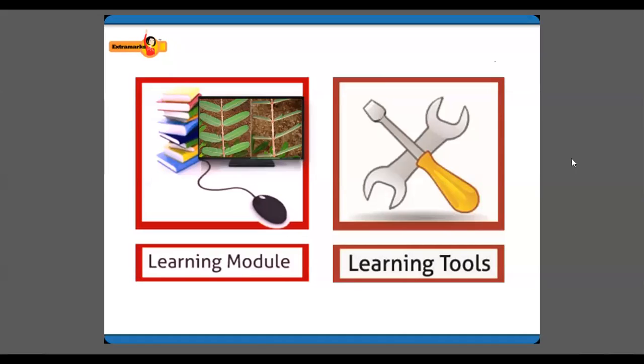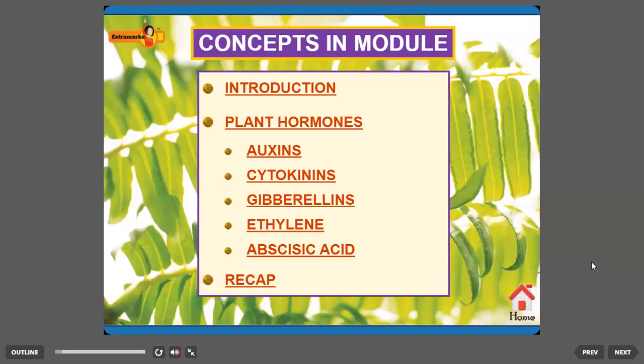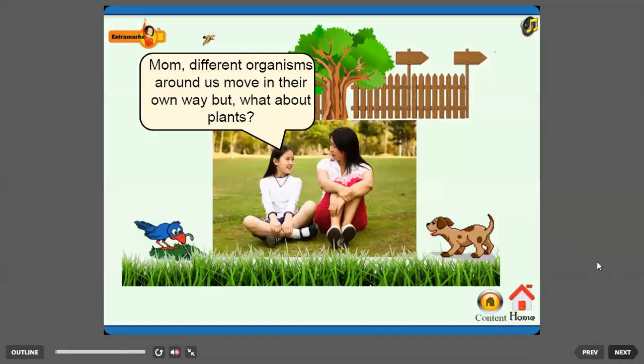Whenever we are going into the control and coordination part, we will see the introduction, plant hormones: auxin, cytokinins, gibberellins, ethylene, abscisic acid. These are the particular parts that we need to know. Other than that, we have different types of tropism like phototropism and geotropism.